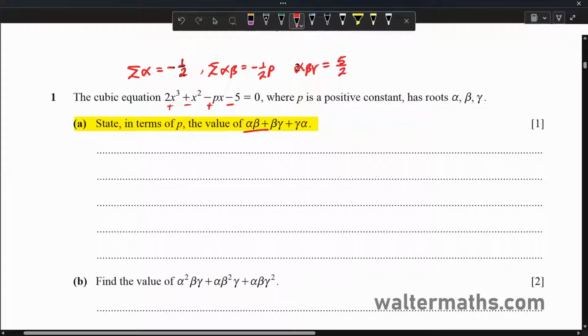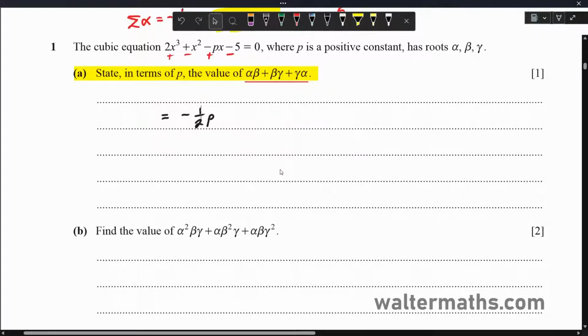So the answer is minus a half of p. That's the sum of product of pairs: the coefficient of x divided by the coefficient of x cubed. I'm sure you got that one correctly, right?